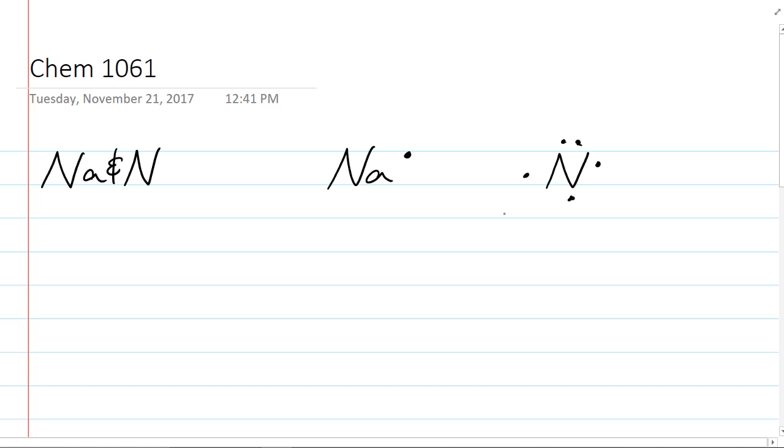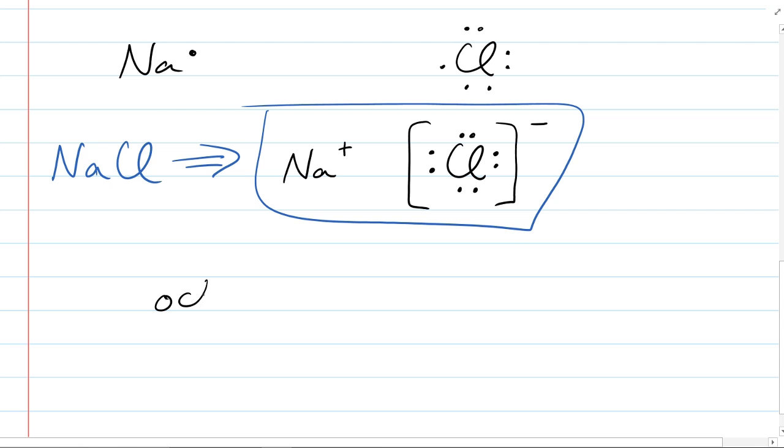Now, in order to satisfy what we call the octet rule, we haven't used that name yet. We're going to start using it here right now. The octet rule is what dictates how atoms bond to each other. And the octet rule is a strive or desire to wind up with 8 valence electrons.